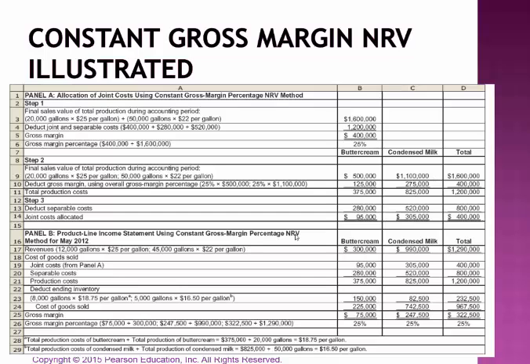So if you take 500,000 and you multiply it times 0.25, then you're going to say gross margin 125,000. For the condensed milk, 1.1 million times 0.25 equals 275,000.